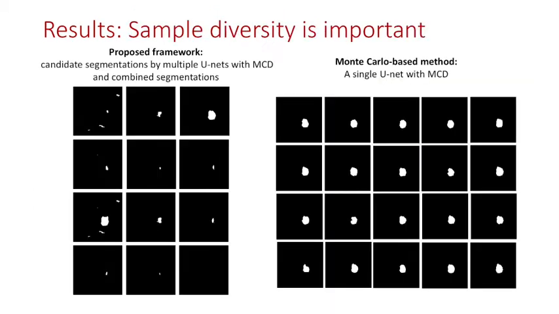We further investigated this example for sample diversity. On the left-hand side, we have the candidate segmentations generated by the multiple units and combined models for the proposed framework. And we can see that there is high diversity among candidate segmentations, and that's why it was predicted with low DSC for this case by the proposed framework.